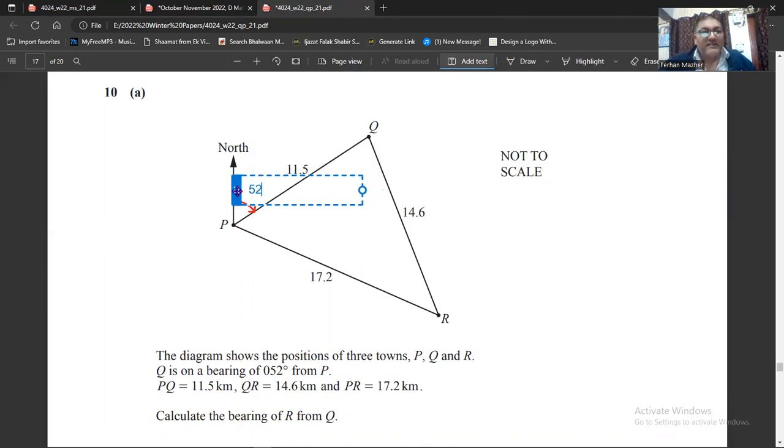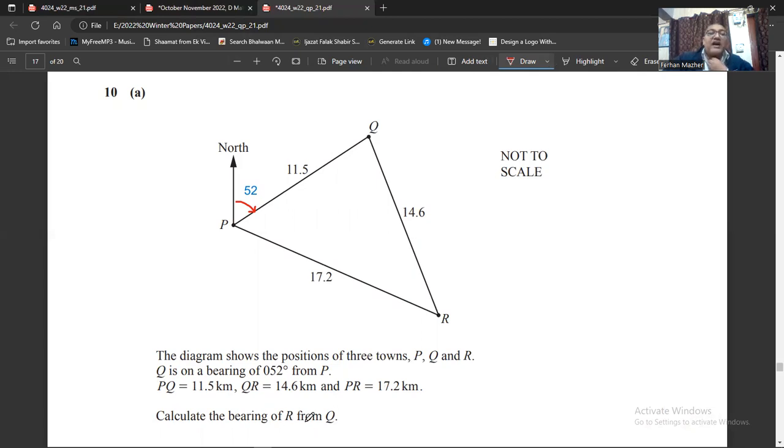Then they say PQ is 11.5 kilometers, QR is 14.6 kilometers, and PR is 17.2 kilometers.